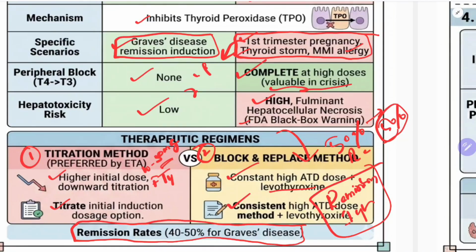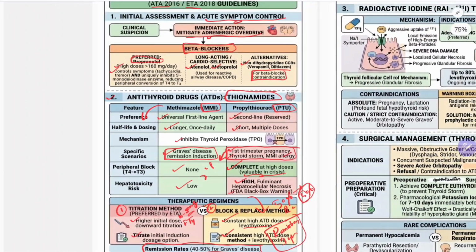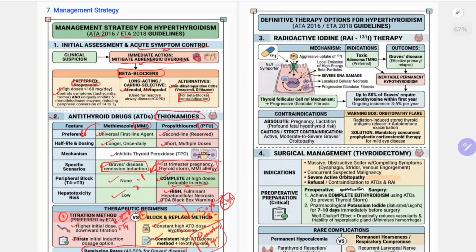In those cases where the disease relapses, you can plan for radioactive iodine or surgery of the thyroid gland. Or if the patient is not allowing radioactive iodine therapy or surgery, then you can continue thionamides itself by monitoring the hepatic function tests. So that's the protocol of management. Okay.